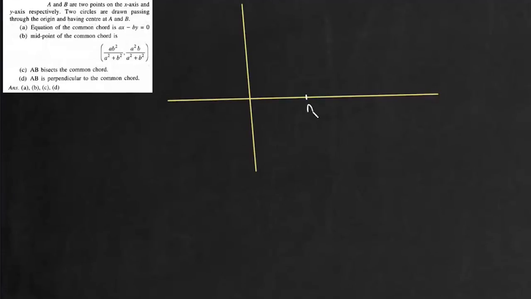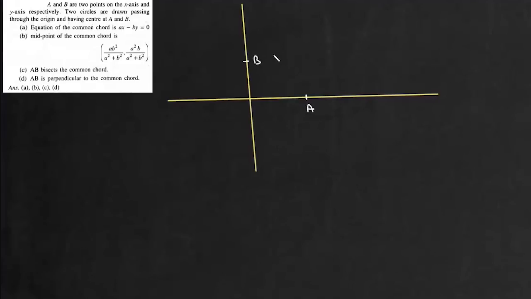Now here the question is, A and B are 2 points on the x-axis and y-axis respectively. So we have the x-axis and y-axis, and we have 2 points A and B on the x-axis and y-axis respectively.